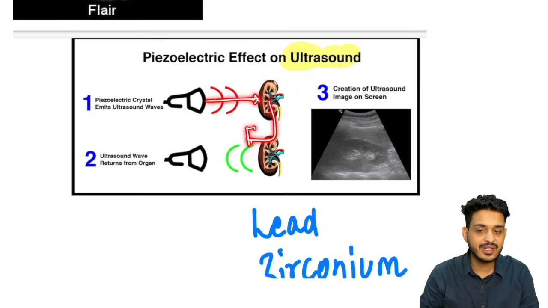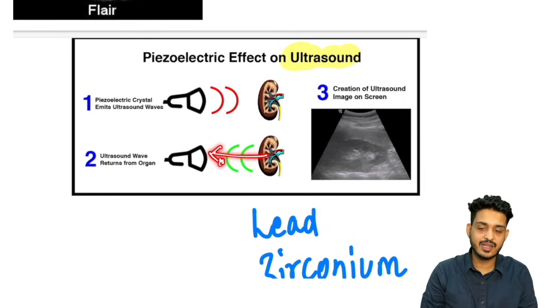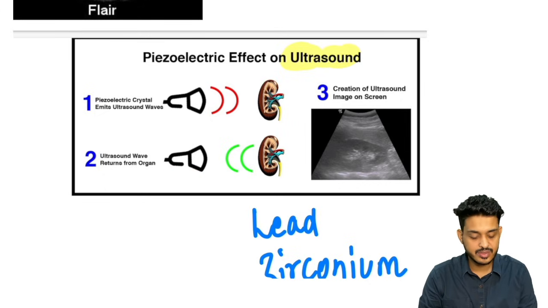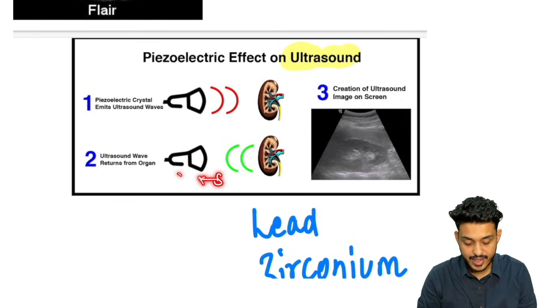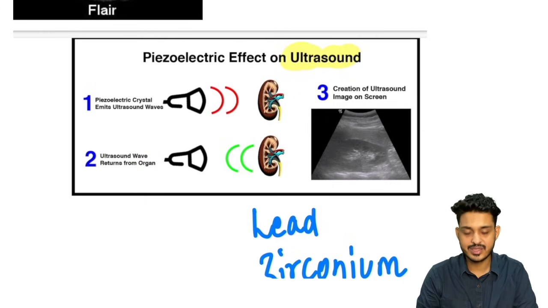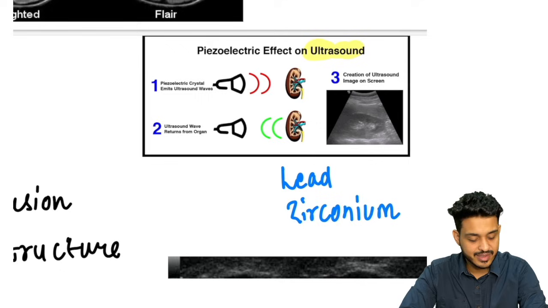The same piezoelectric crystal has another ability: it converts the sound waves back into electrical waves, and these electrical waves we can see in the form of images. So this is the ultrasound that we are using. This is the basic funda.